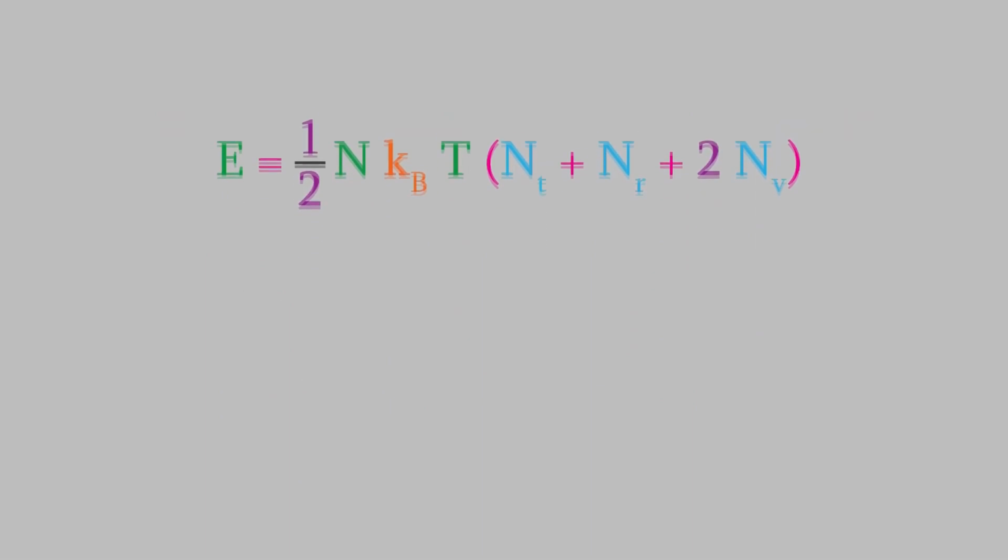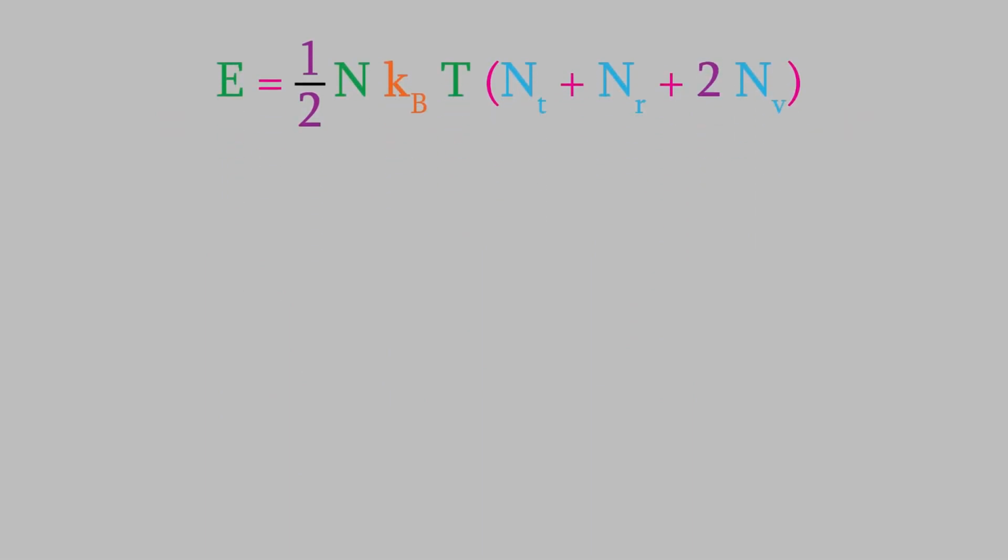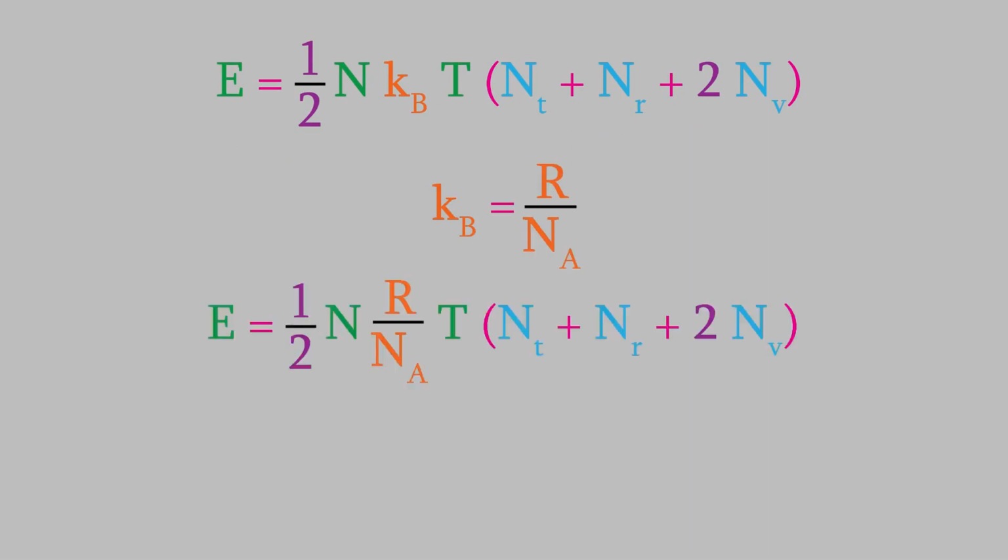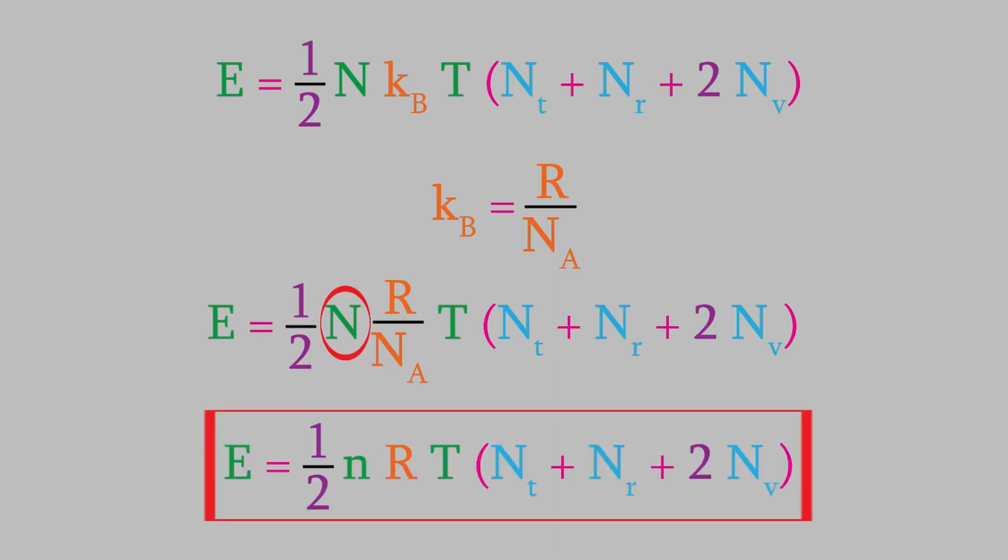We can simplify this equation a bit. Recall that kB, the Boltzmann constant, is equal to R divided by Avogadro's number. But N divided by Avogadro's number is just equal to the number of moles, which is little n. So that gives us this for our equation for the energy of a sample of molecules based on the degrees of freedom in the molecules.